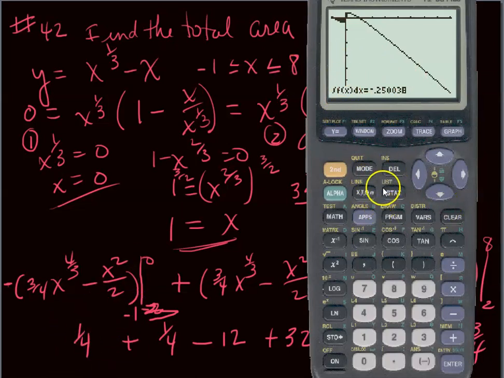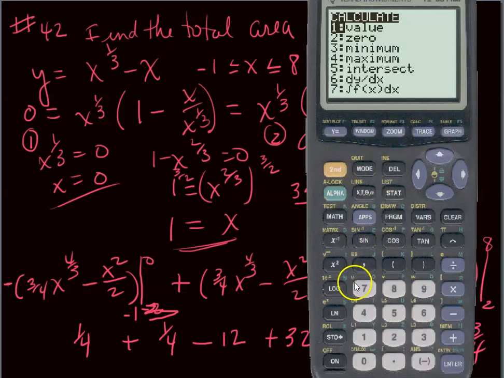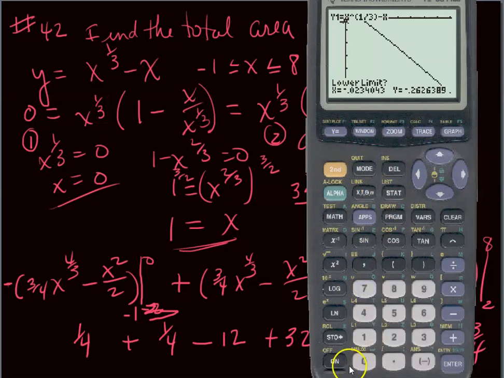Okay, let's find the next one. If we do the same thing, number 7, and go from 0 to 1, we get a positive 1/4. This extra stuff here, it's rounding errors for this.